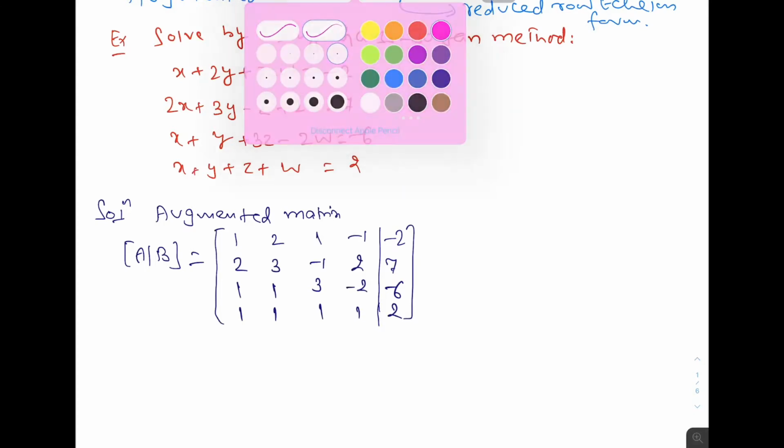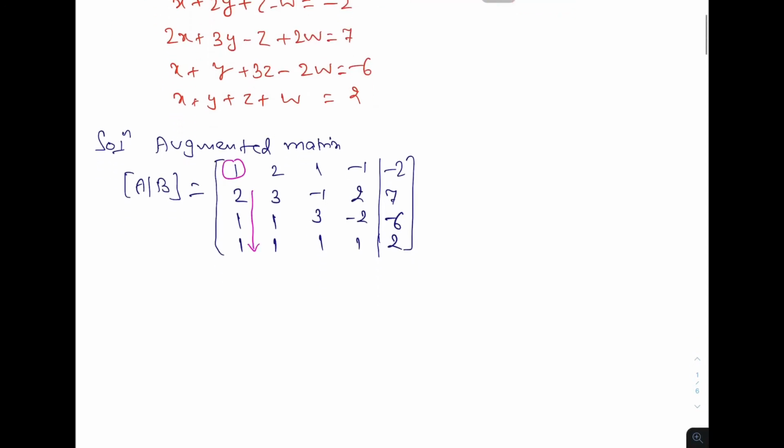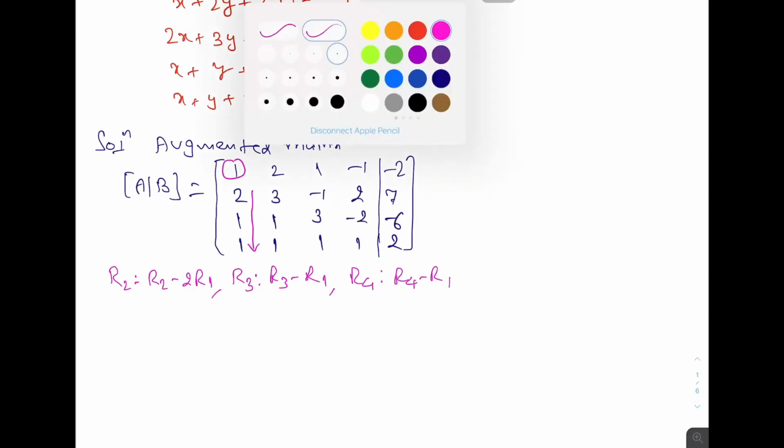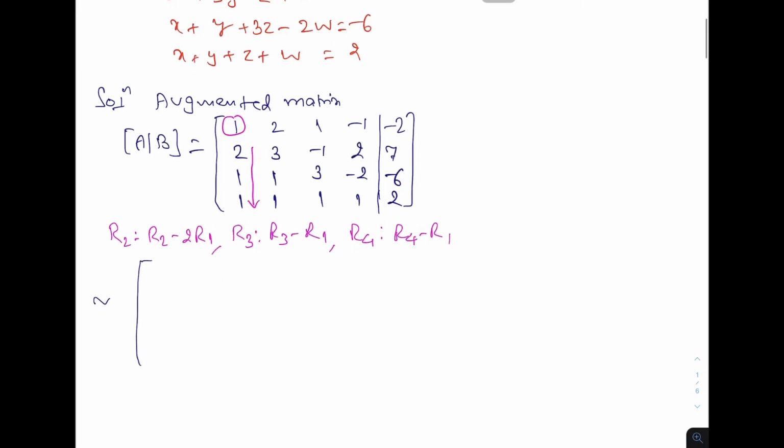Okay, now this is a leading one, so we need to make all the entries below it to be 0. So let us apply R2 minus 2R1, then R3 minus R1, then R4 minus R1. Now we are getting 1 2 1 minus 1 minus 2 as the first row.